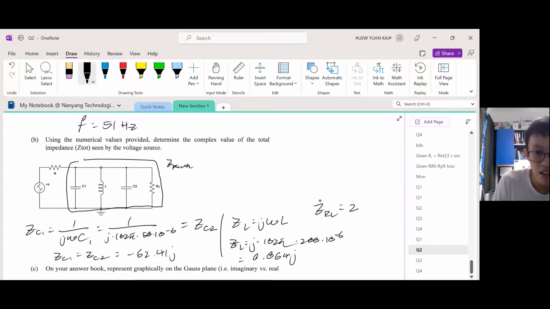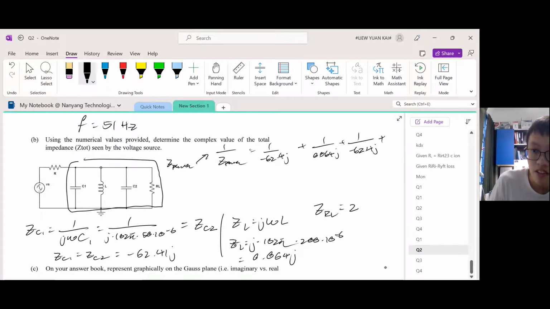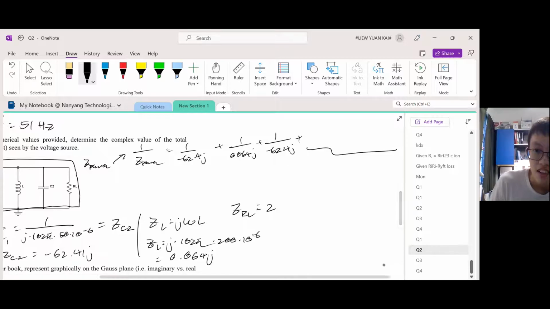Okay, so to find Z para, we use this formula: Z para equals 1 over ZC1, which is this, plus 1 over ZL, which is this, plus 1 over ZC2, which is the same as ZC1, plus 1 over 2.